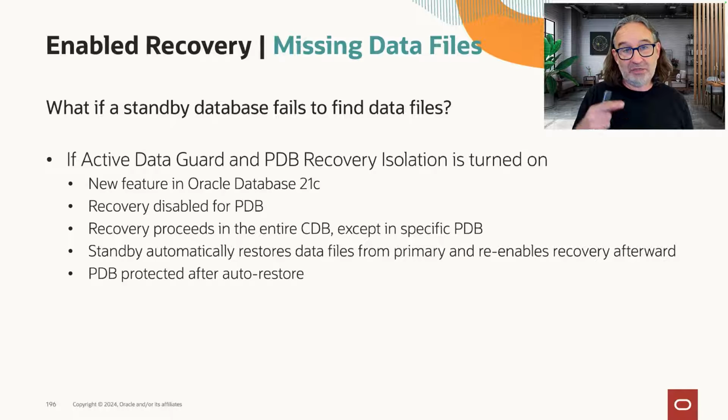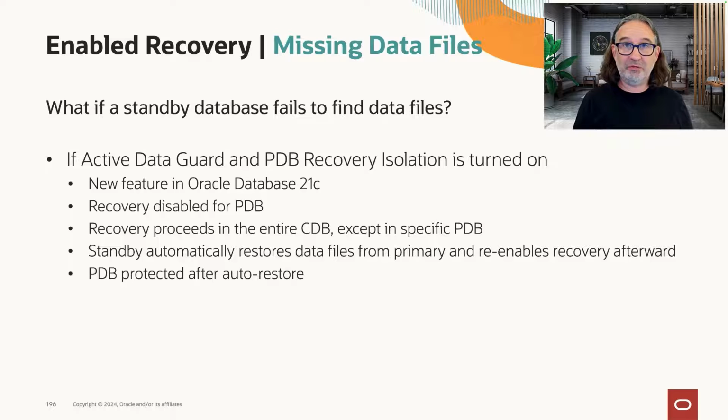Once the file is found, the standby automatically restores the data file. Actually, in this case, it doesn't even need to find it. It restores it from the primary and then re-enables recovery afterwards. So the PDB is protected after the auto restore has been done. So basically, 2 things to remember.